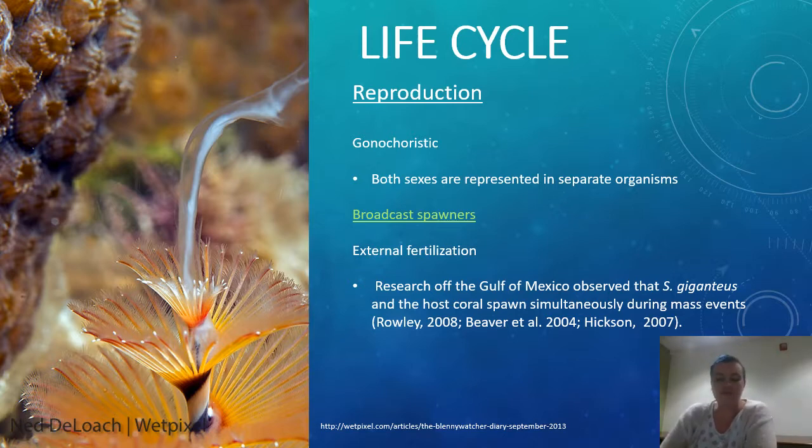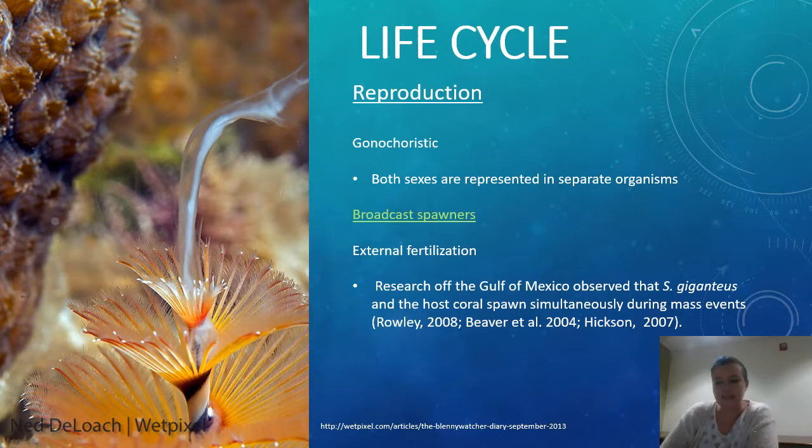And I also found some research off of the Gulf of Mexico, which observed that Spirobranchus giganteus sometimes spawn simultaneously with their host corals. They found that this normally occurs during a neap tide, which is right after a new moon. And that also occurs with little wind or wave action.